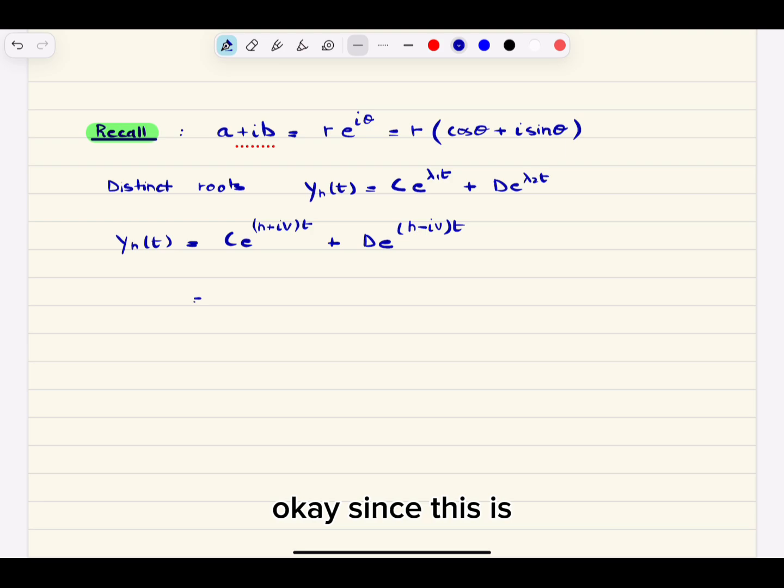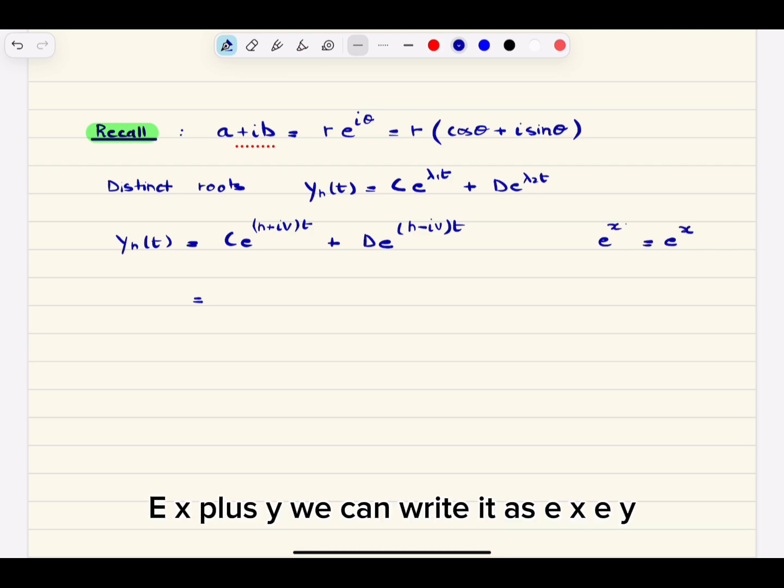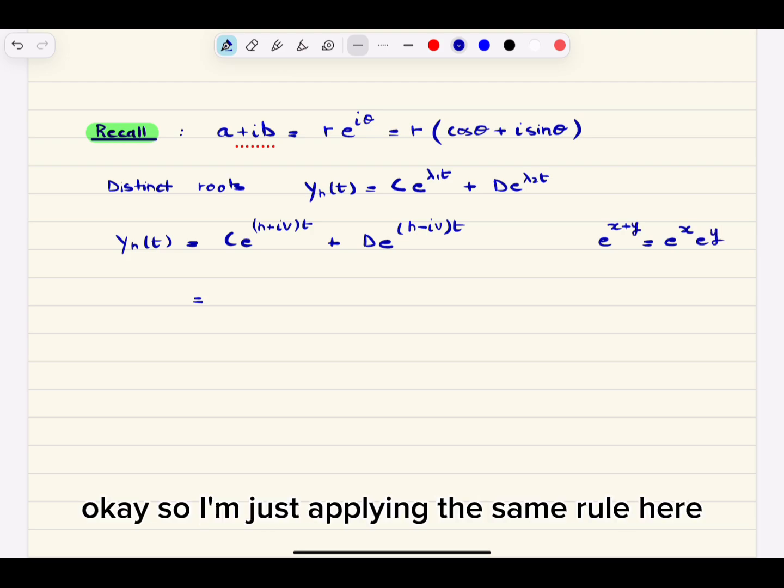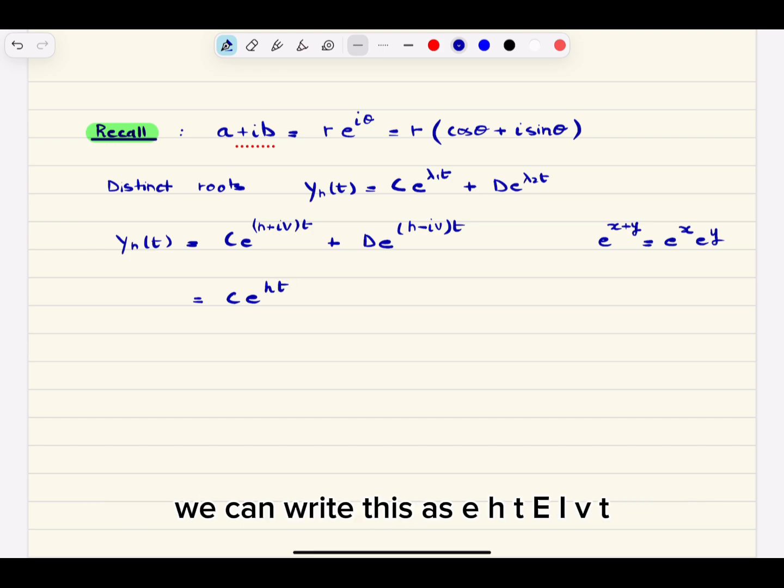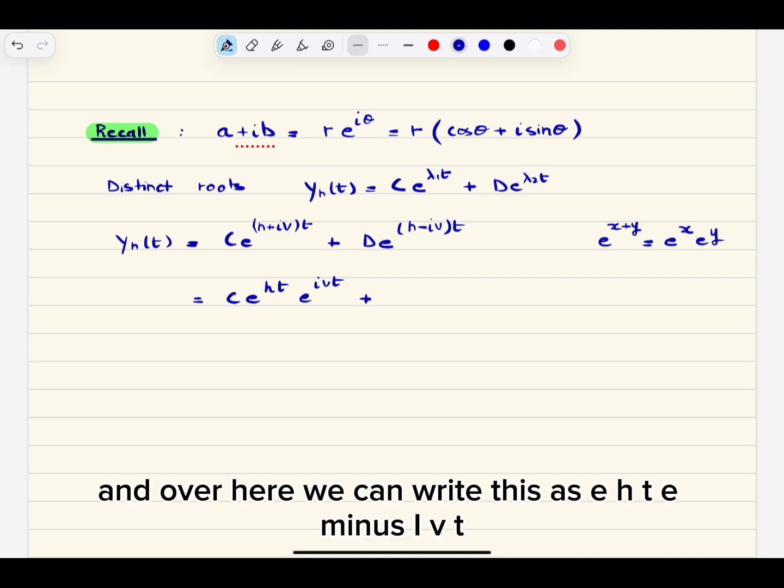Remember, we have this rule: e^(x+y) can be written as e^x e^y. So I'm just applying the same rule here. We can write this as e^(ht) e^(ivt), and over here as e^(ht) e^(-ivt).